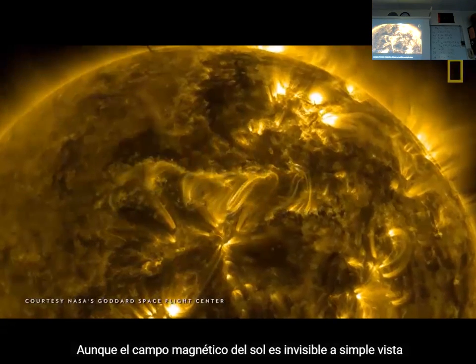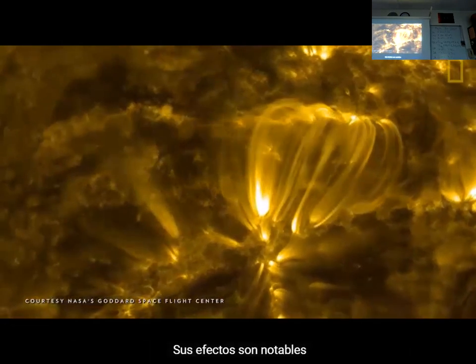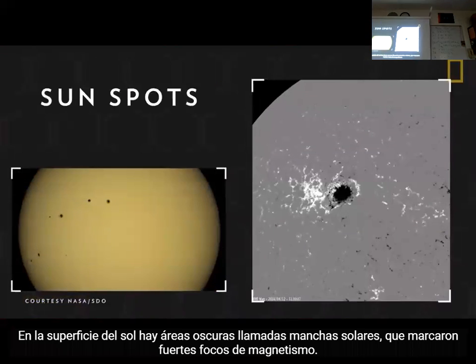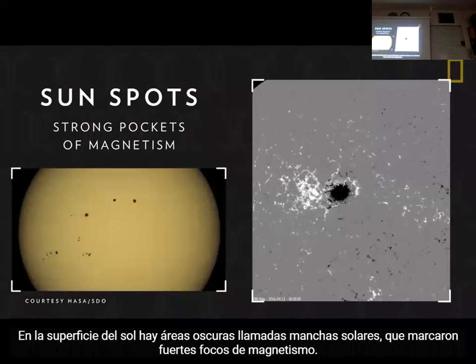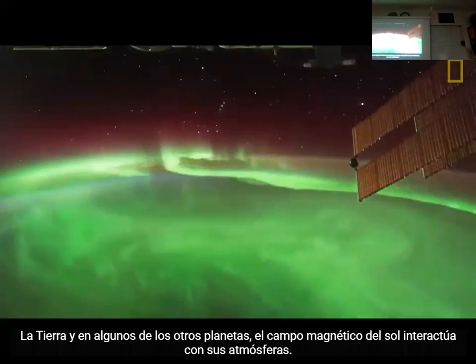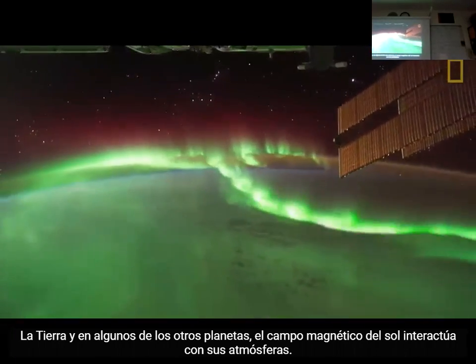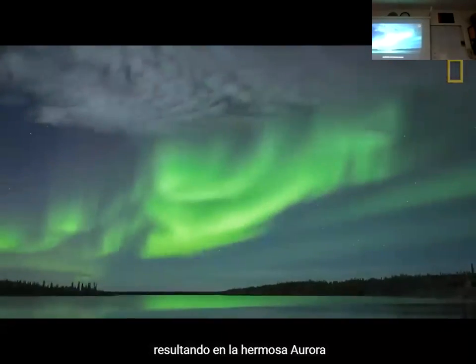Although the sun's magnetic field is invisible to the naked eye, its effects are noticeable. On the sun's surface are dark areas called sunspots, which mark strong pockets of magnetism. On Earth and on some of the other planets, the sun's magnetic field interacts with their atmospheres, resulting in beautiful auroras.